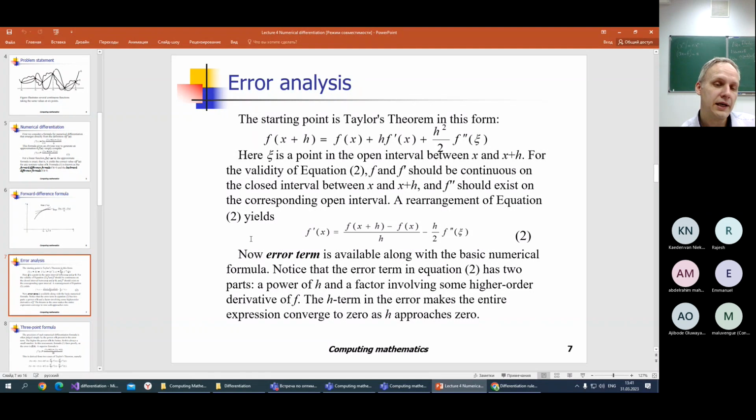Let's write Taylor's formula in the following form, as presented here on my presentation. f of x plus h equals f of x plus h times f prime of x plus h squared over 2 times f second derivative.